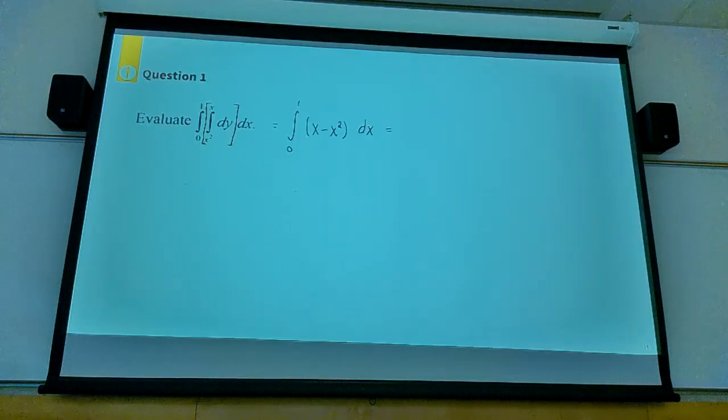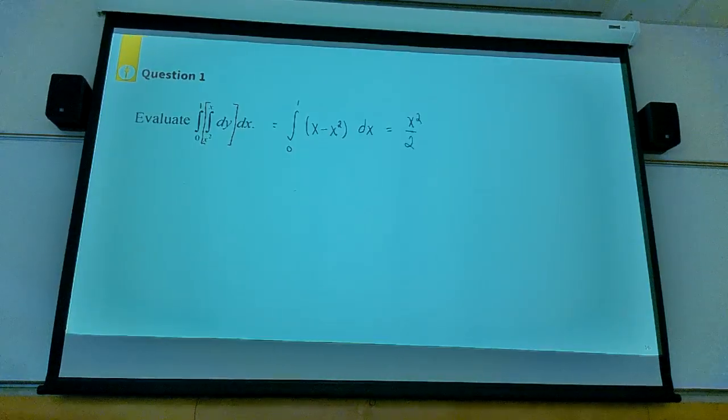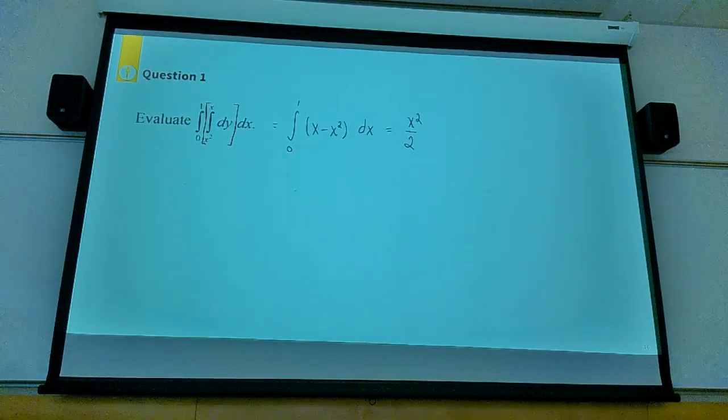What is the antiderivative of x? Antiderivative of x squared. A half minus a third.